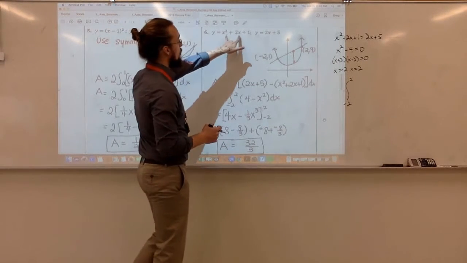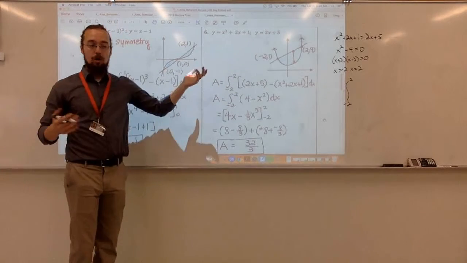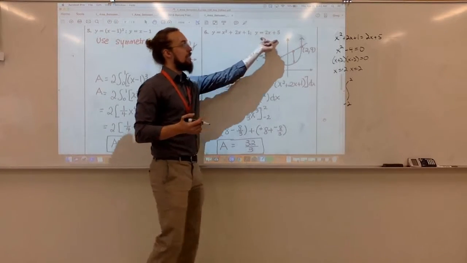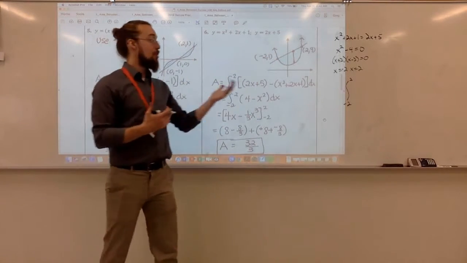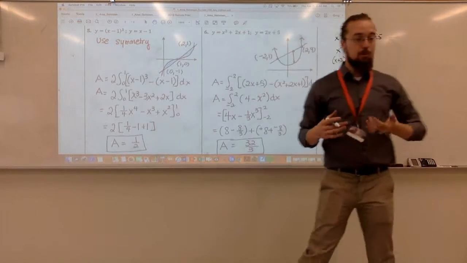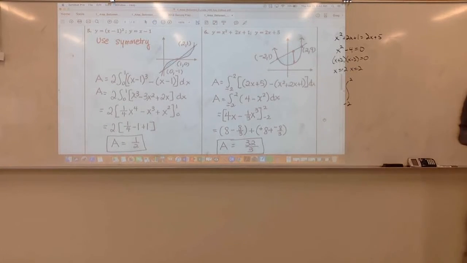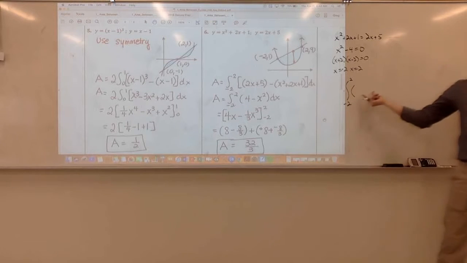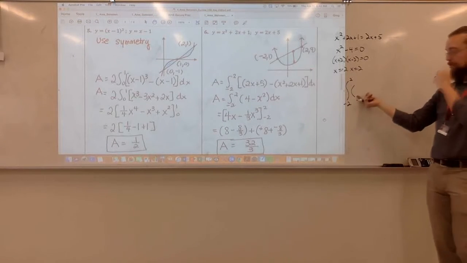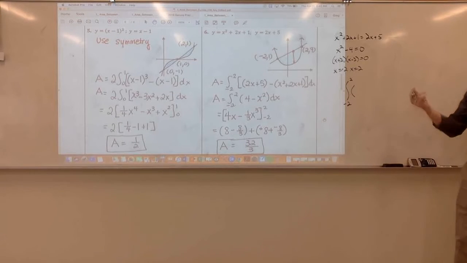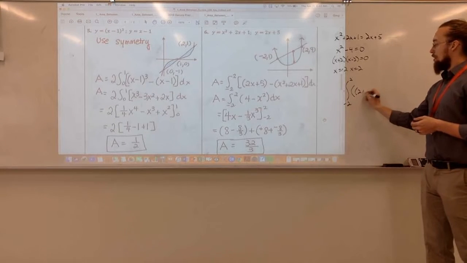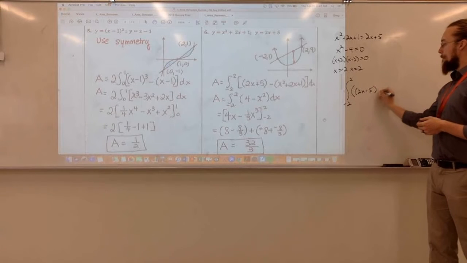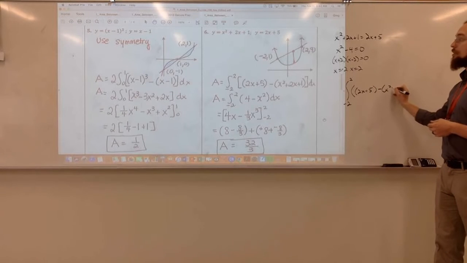If I plug 0 into the quadratic, I would get 1. If I plug 0 into the line, I get 5. That means on the interval -2 to 2, the linear function is greater. So when I'm setting up my integral, the linear function is going to go first. I'm going to do the bigger one minus the smaller one. So in this case, that's the linear function minus the quadratic.